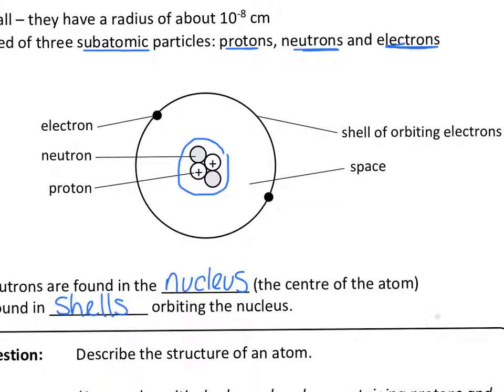So if protons are positively charged and neutrons have no charge overall, then our nucleus is going to have a positive charge because each of our protons carries a charge of +1. In this example, we have 2 protons in the nucleus. That means overall the nucleus is going to have a charge of +2.